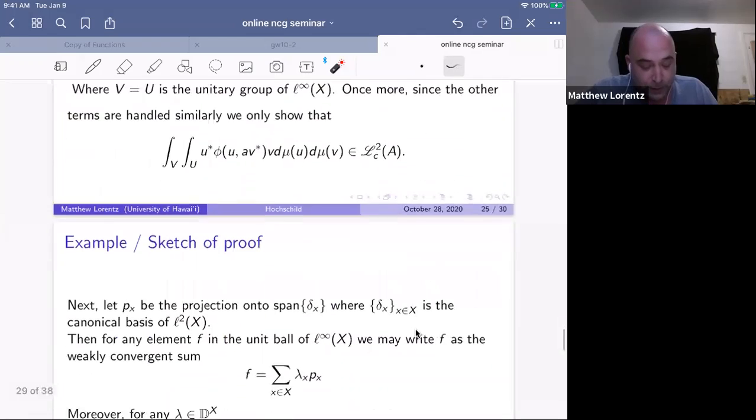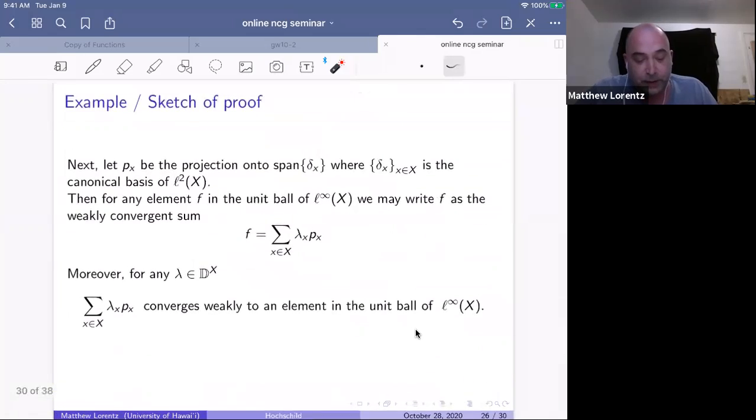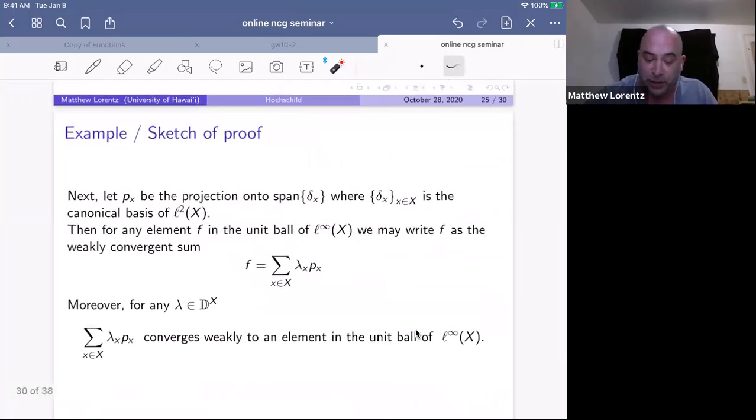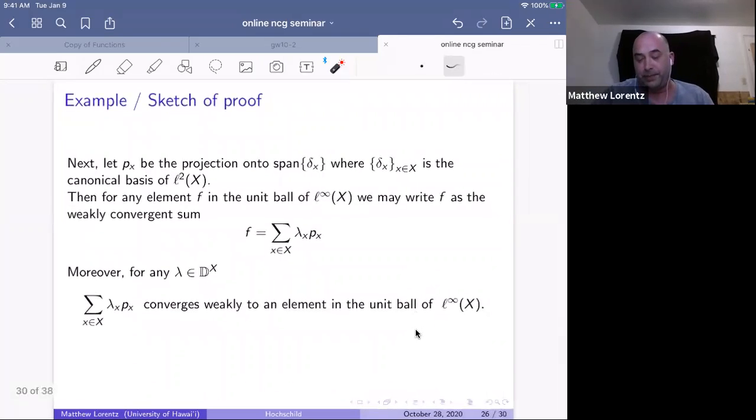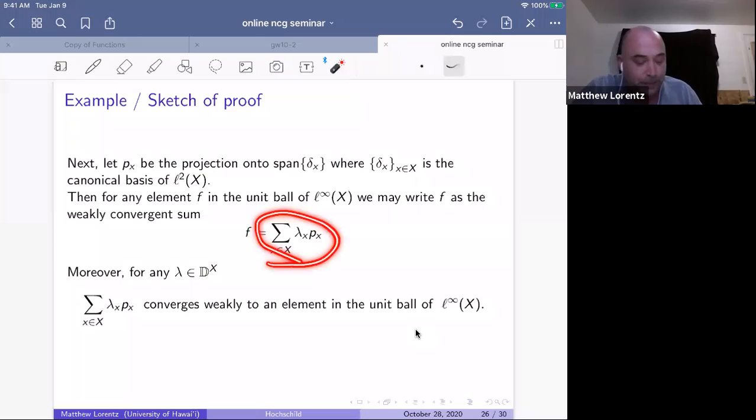Okay. So again, we're going to let P_x be the projection onto the span of the Dirac mass at x. And then for an element in the unit ball of L infinity of X, we can write that element as a weakly convergent sum, where we're just taking something of magnitude less than 1 times the projection and then summing them all up.